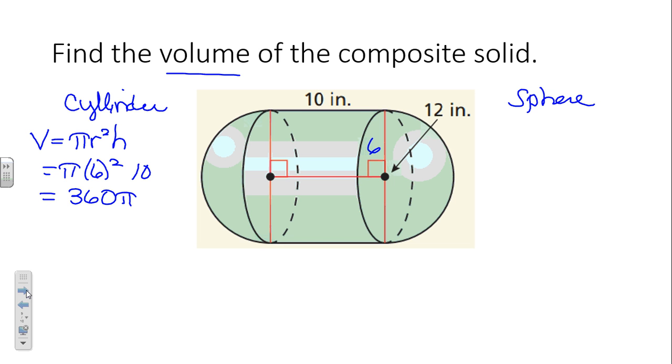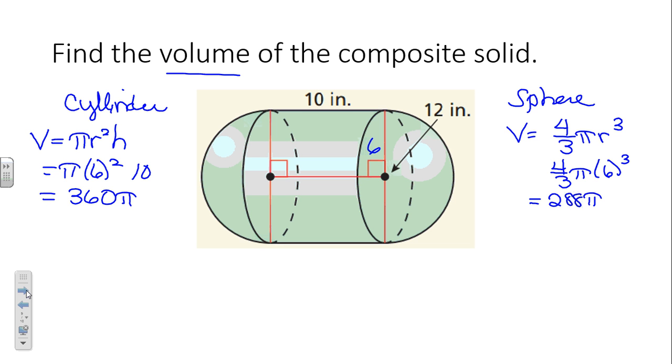Now we've got to find the volume of the sphere. What's the formula for volume of a sphere? Four-thirds pi r cubed. And again, the radius on this is 6. So 4/3 times pi times 6 cubed. We get 288 pi, right?